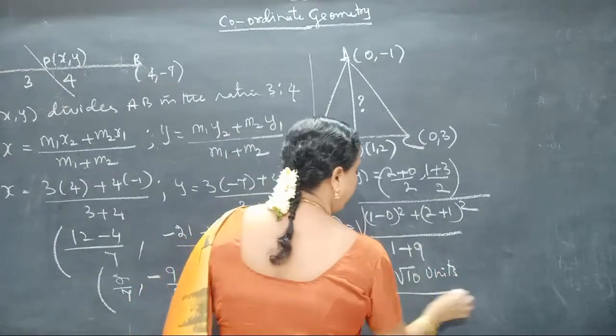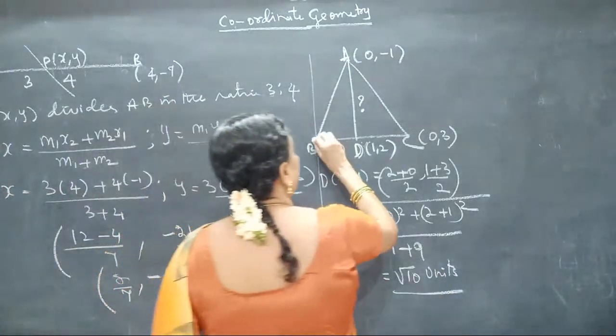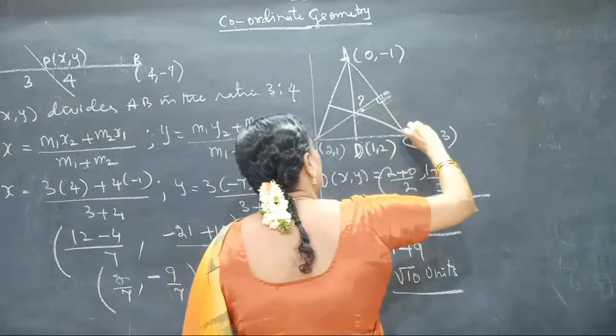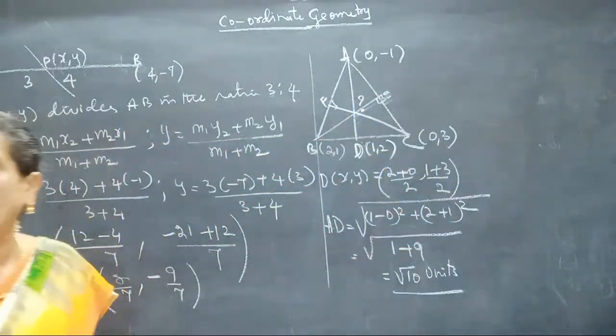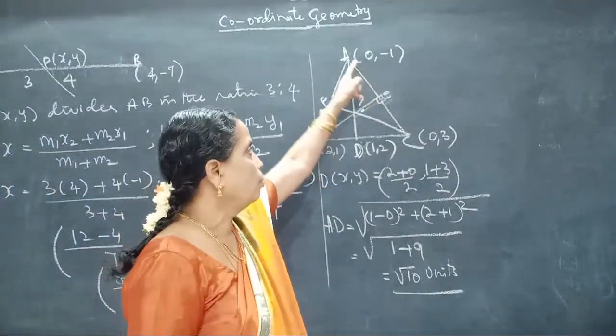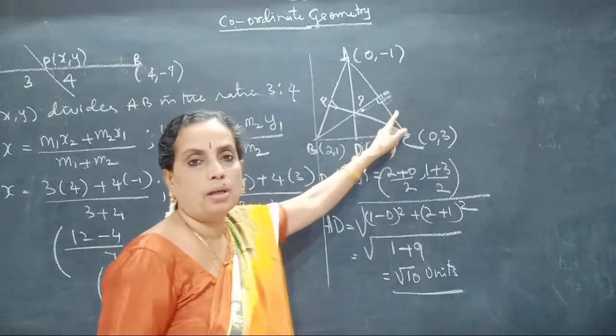So, my request, you also find the median BE and median CF. The procedure I have shown: first find the coordinates of E using the midpoint formula, then the distance formula.